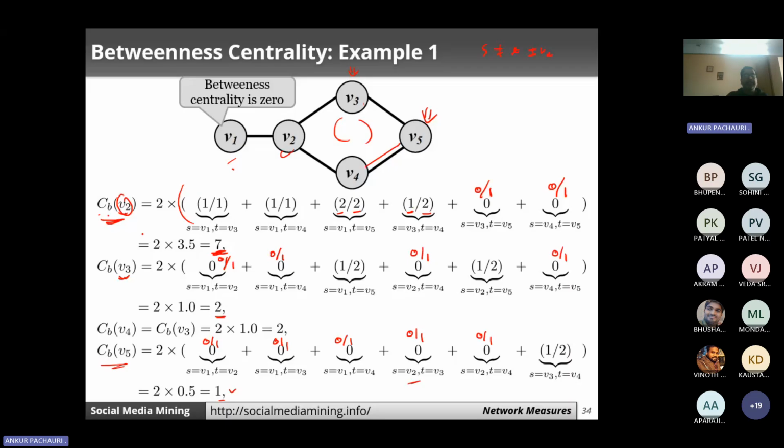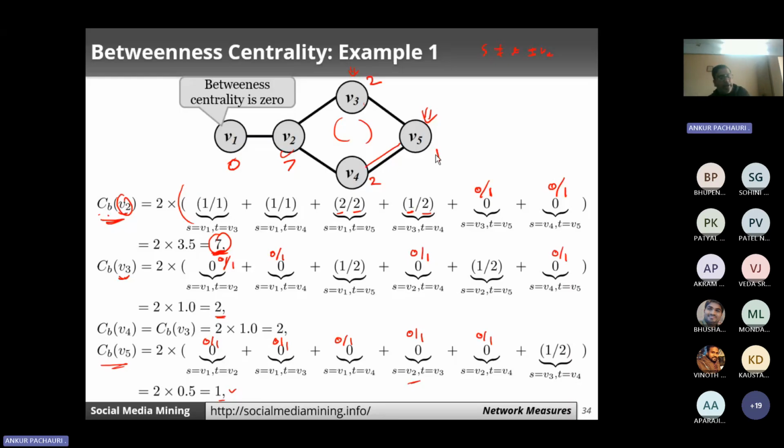So betweenness centrality for V5 is 1, and V4 and V3 we can calculate. The value is 2. So betweenness centrality for V2 is 7, V3 is 2, V4 is again 2, and V5 is 1.